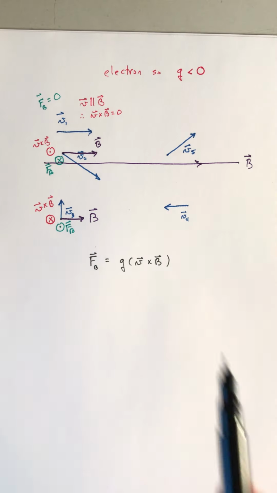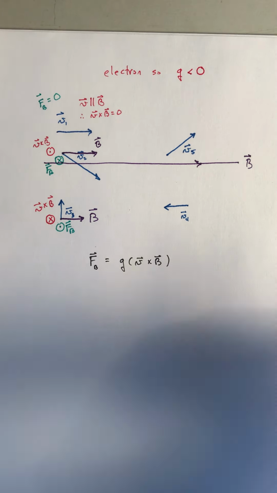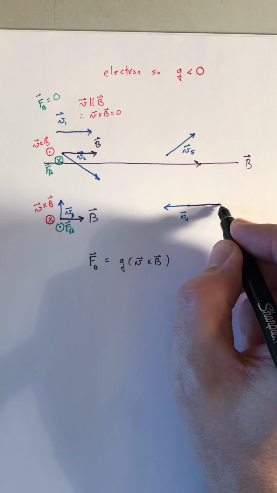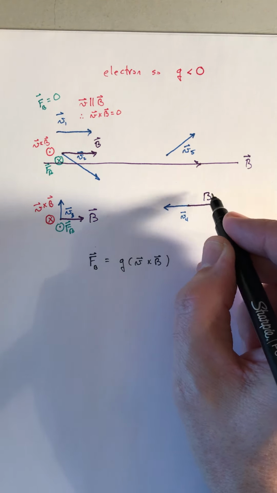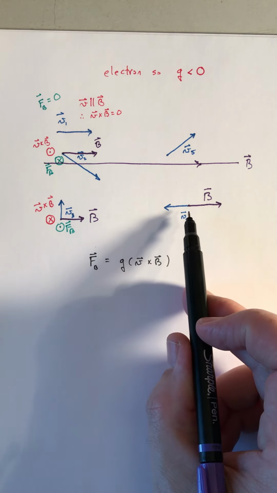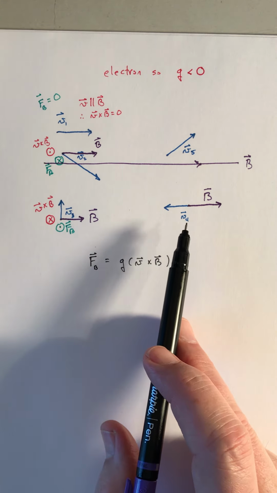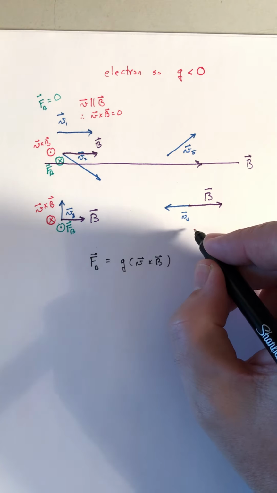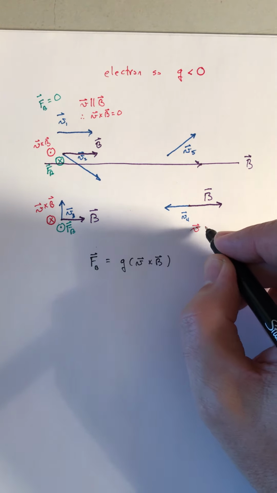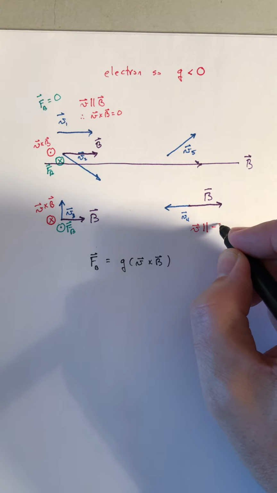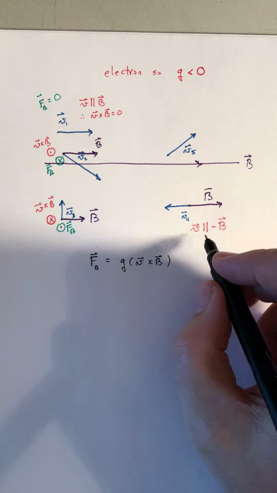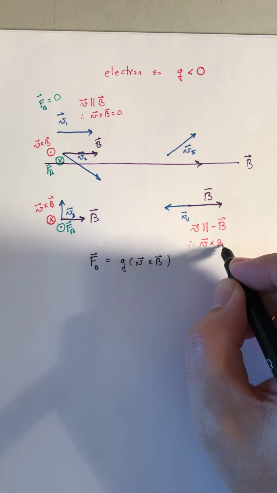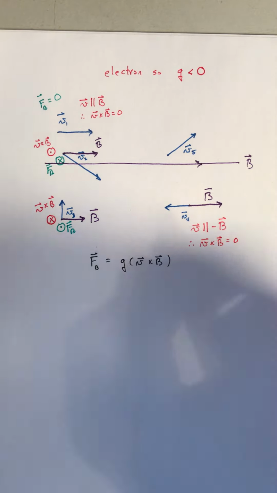All right, for particle 4, sketch in for reference with the magnetic field. Looks like with the tail. So now we have that V is parallel to minus B. And again, that means that V cross B has to be 0.